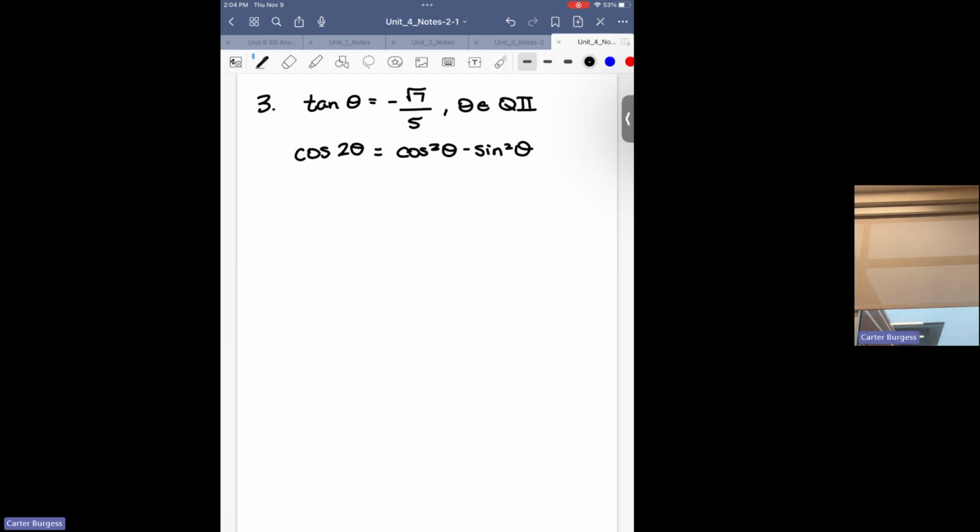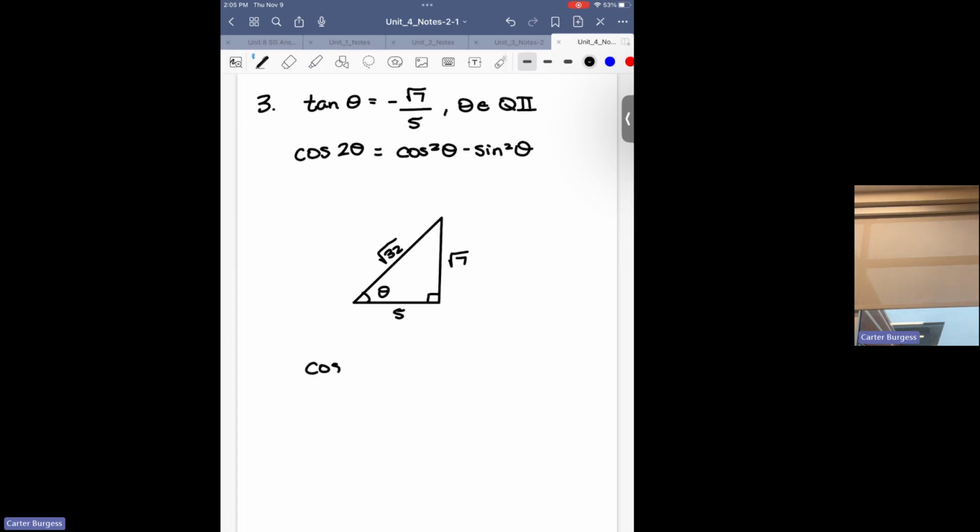All right, if tangent of theta is negative 7 over 5, since we are in quadrant 2, what does that tell me about my triangle? And what is my hypotenuse? Square root of 32. Very good.